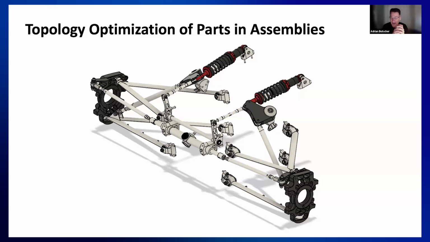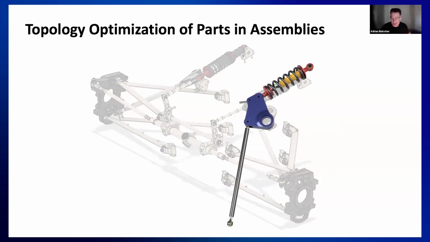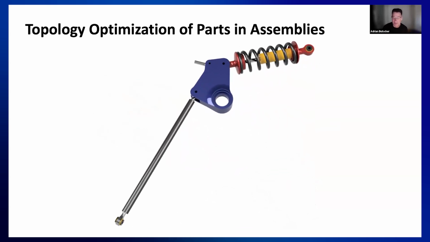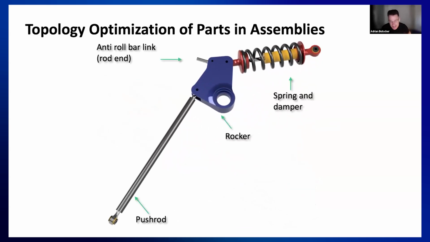So let's go into this spring damper suspension assembly with a bit more detail. There you can see the rocker and the various components that it's attached to, and what those components themselves are attached to. If we focus in on the rocker, it is a part which is connected to everything else in that assembly through what we're going to call in this talk interfaces. The rocker is a structural component.